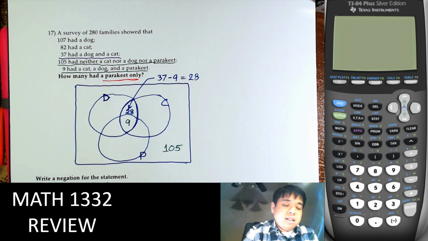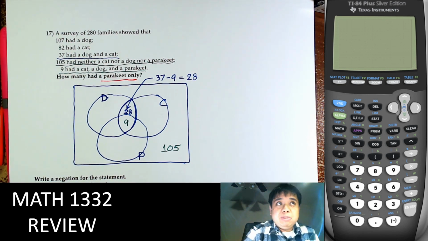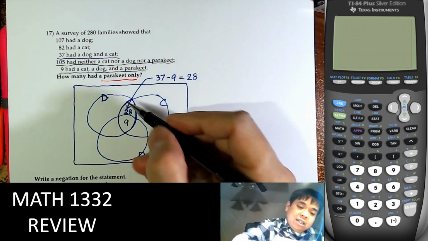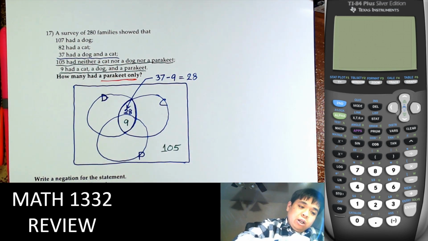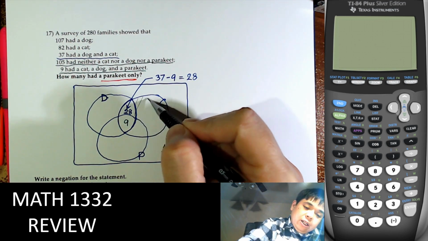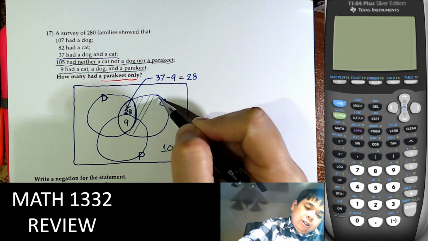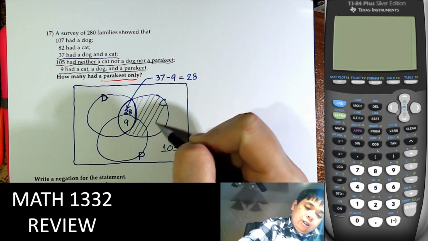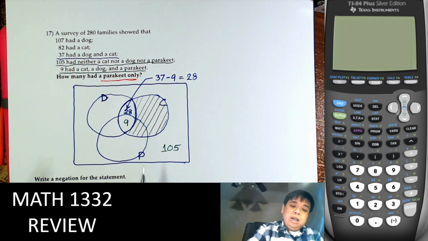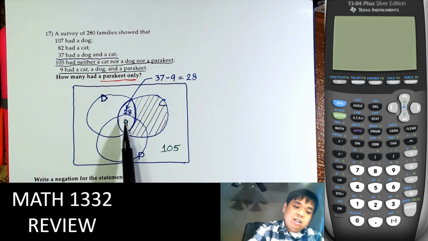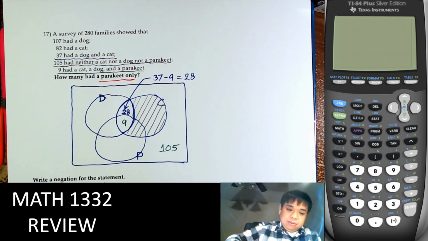82 had a cat. Now, think about this. 82 had a cat, so the total is 82. So if we take out this part here, that portion is 82 subtract 28 and 9.